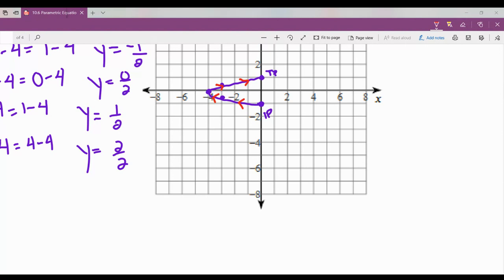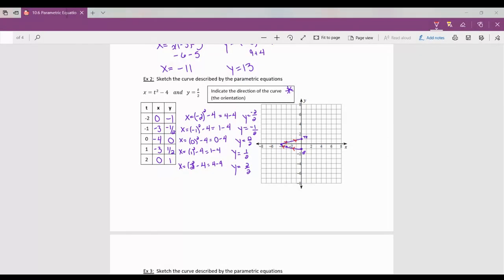You can do them in the same color. I'm just showing you in red. So it starts at my initial point and then it goes whoop, so you can just see, because once you connect the dots, you don't know what way you drew it. So we're going to indicate the orientation with little arrows. Okay, so that's how we indicate the direction of the curve, what way we sketched it.